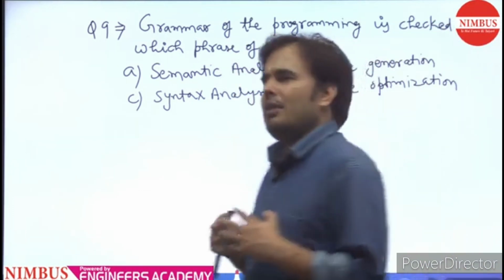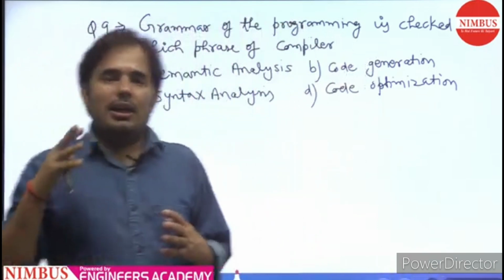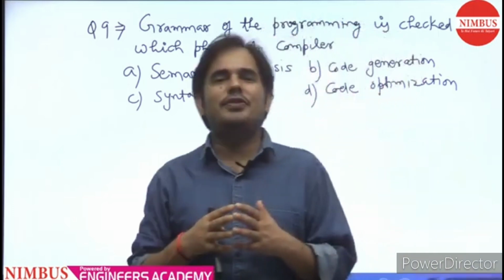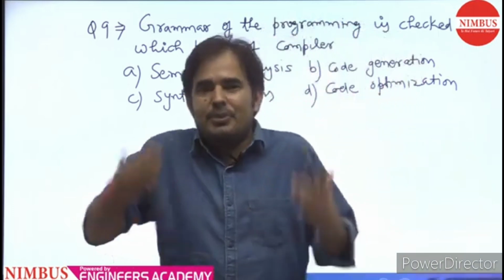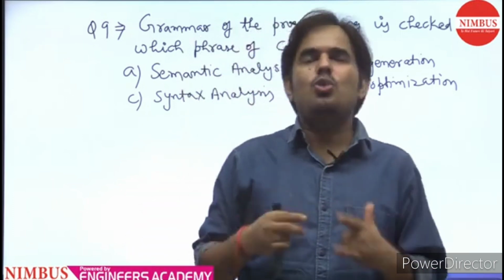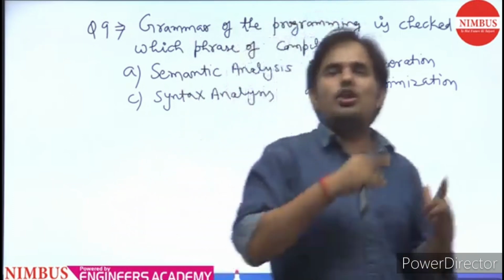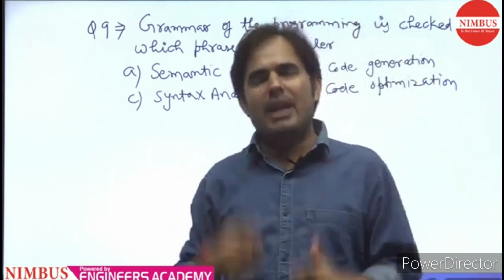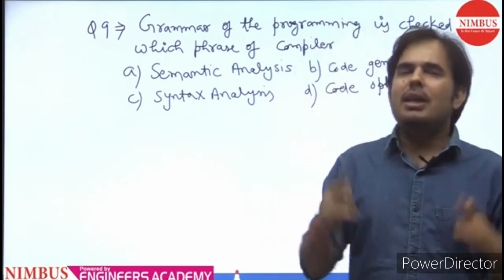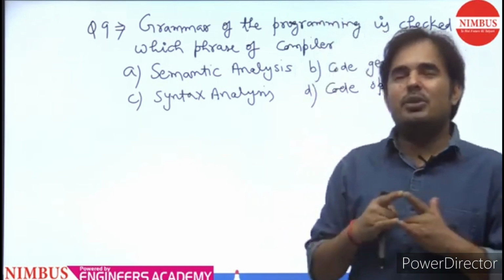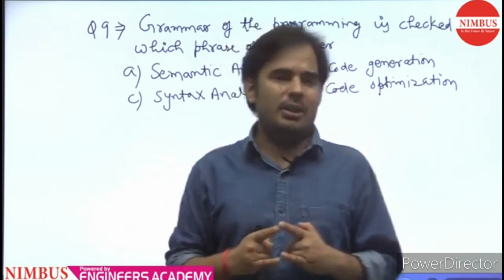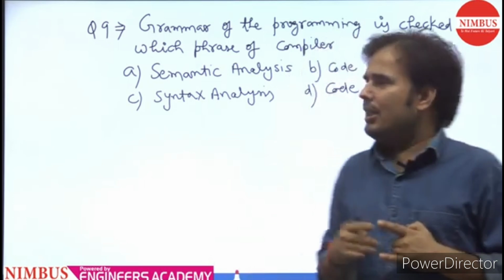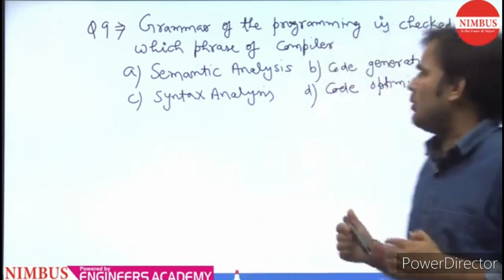So as you know, at the syntax analysis phase we need to use grammar, CFG grammar, context free grammar, to verify the syntactic structure of any programming language. To verify the syntactic structure of any programming language, we need a grammar at the syntax analysis phase. That grammar is a context free grammar. Through it we verify the syntactic structure of the programming language.